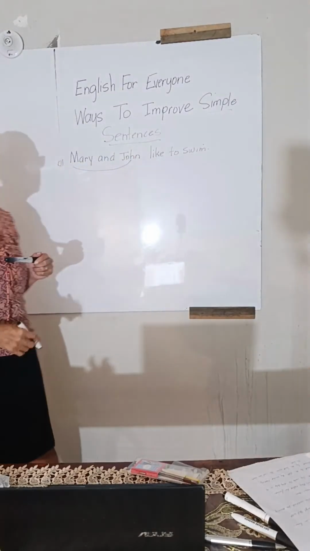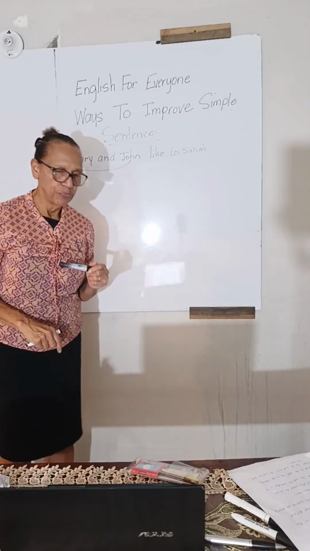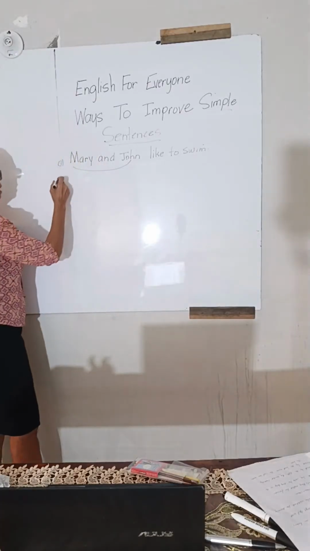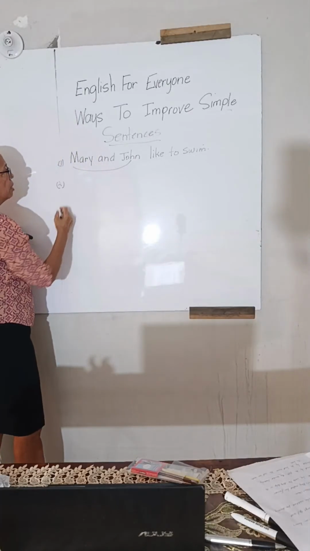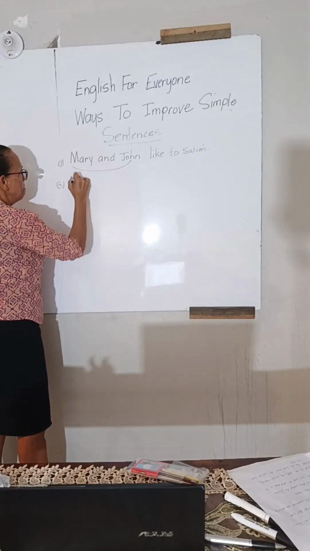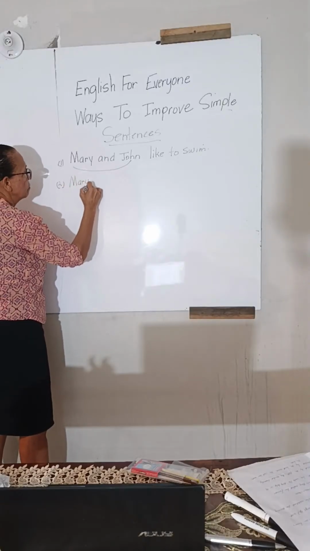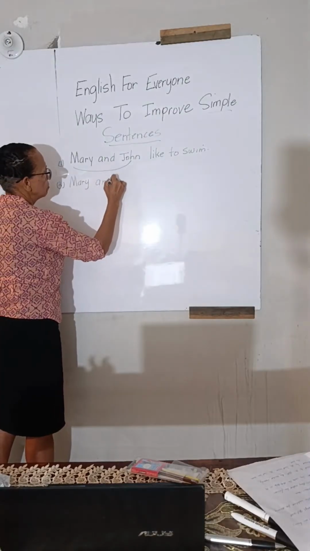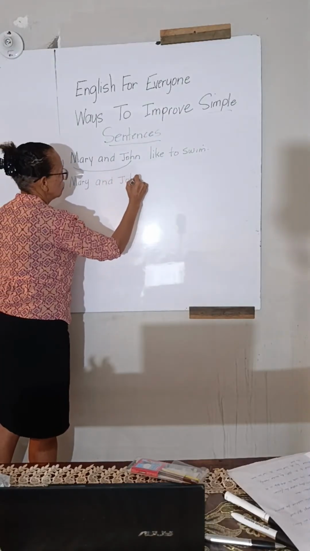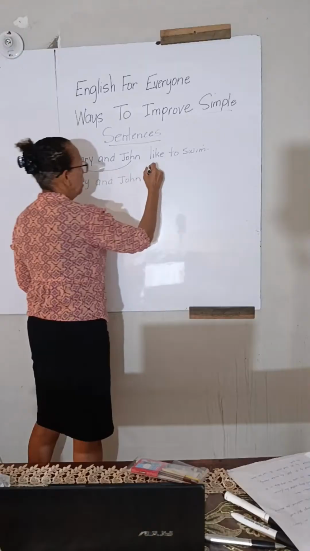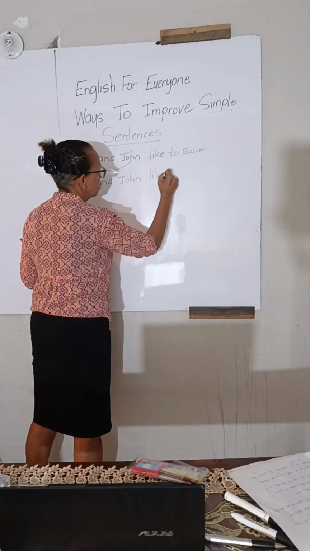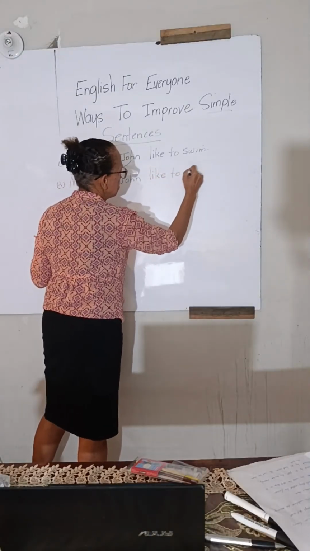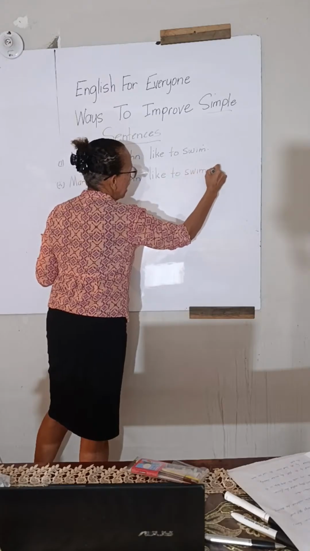Mary and John like to swim. I can have two: Mary and John like to swim and dive.